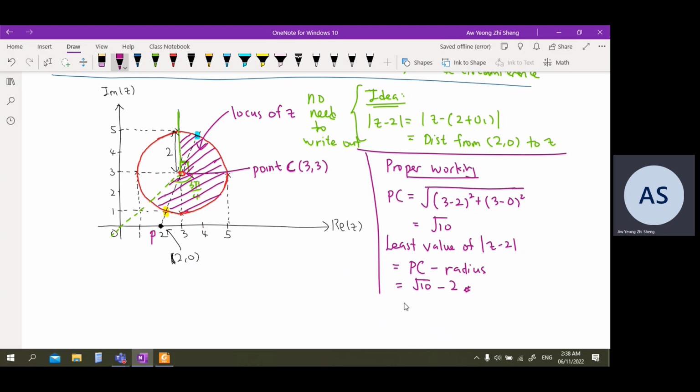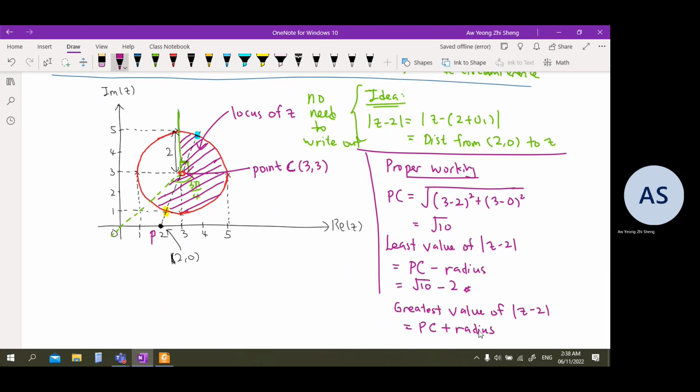Okay, next, greatest value of modulus z minus 2. That's PC plus radius. Okay, so this will actually give me the distance from point P to the light blue colored point there.